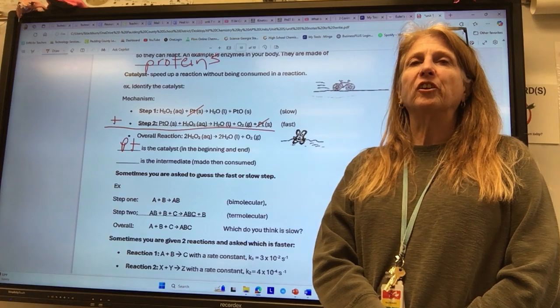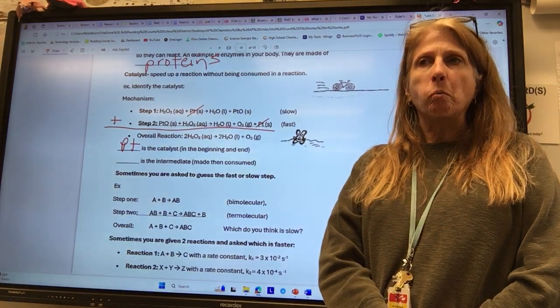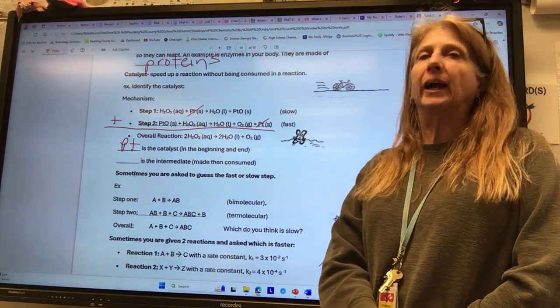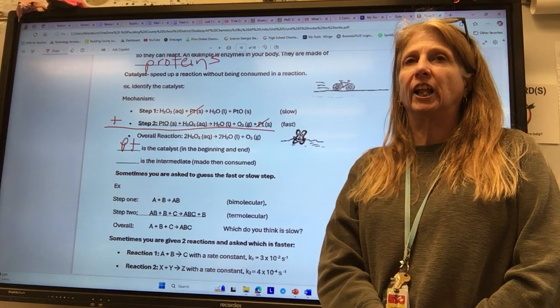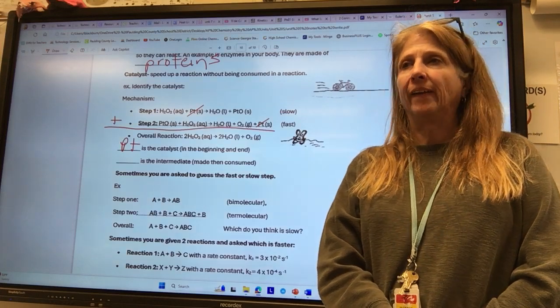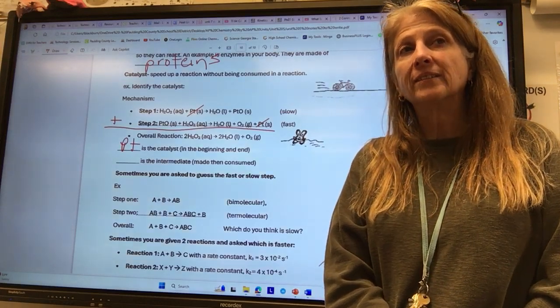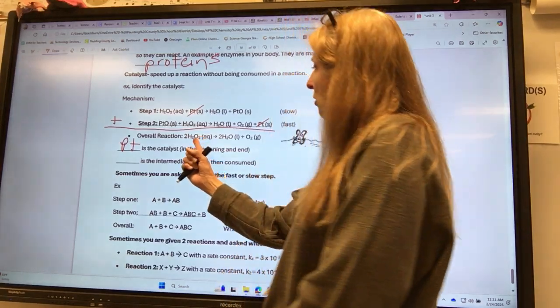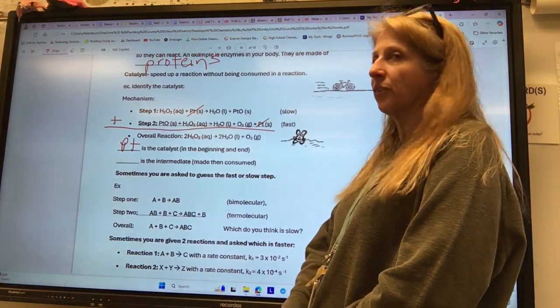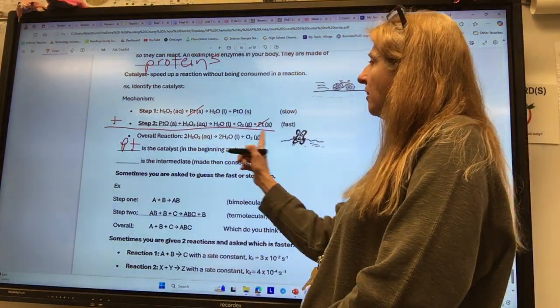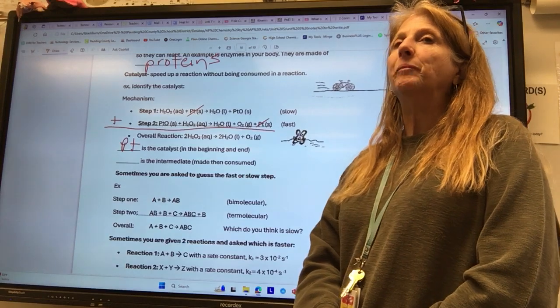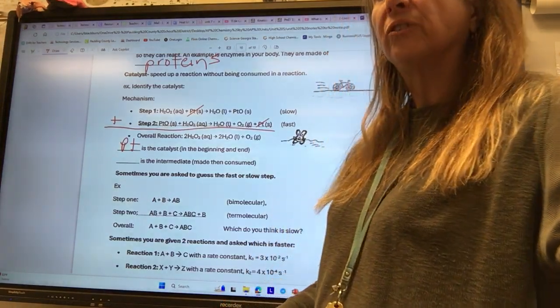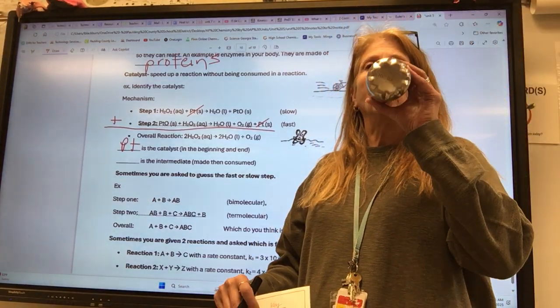Now, do you see the intermediate? What is something that is made in step 1, used up in step 2, and not in the overall equation? Can you find the intermediate? What is it? H2O2 made it to the overall, so it's not that one. Find something that's not in the overall. It's made in step 1 and used up in step 2.